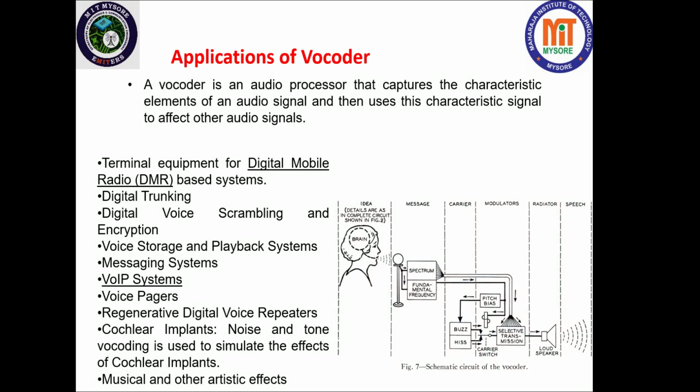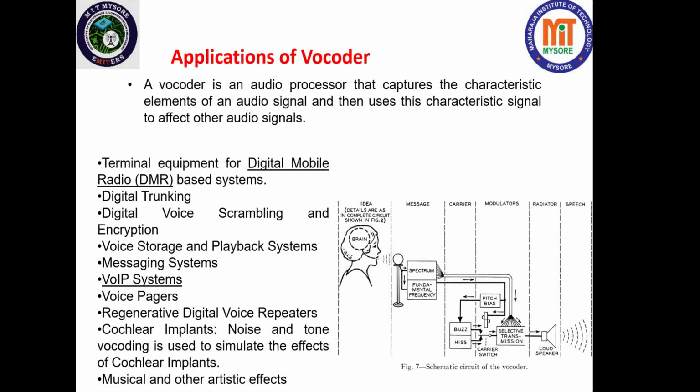It was actually discovered in the 1920s by Homer Dudley at Bell Labs, with the intention to make it easier to transmit telephone conversations over long distances by reducing the bandwidth.